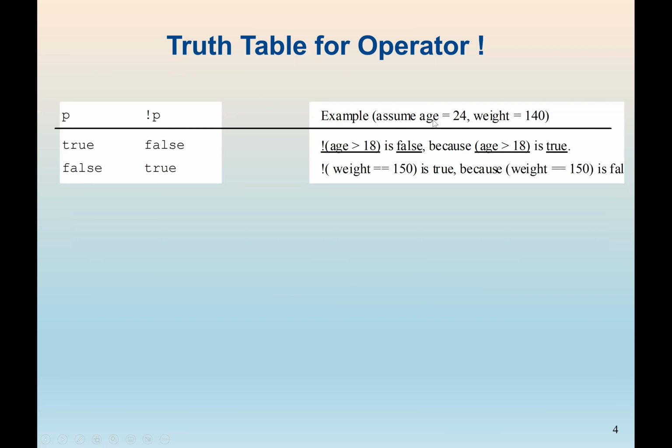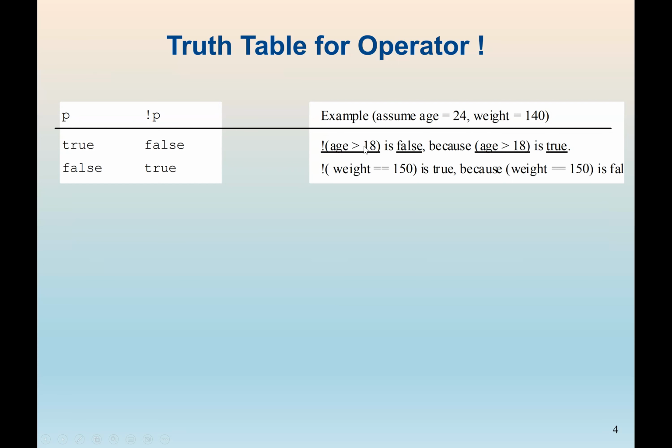Here they say, assuming age is equal to 24 and the weight is 140. Now, if I say not age greater than 18, it will be false. Because age is 24.